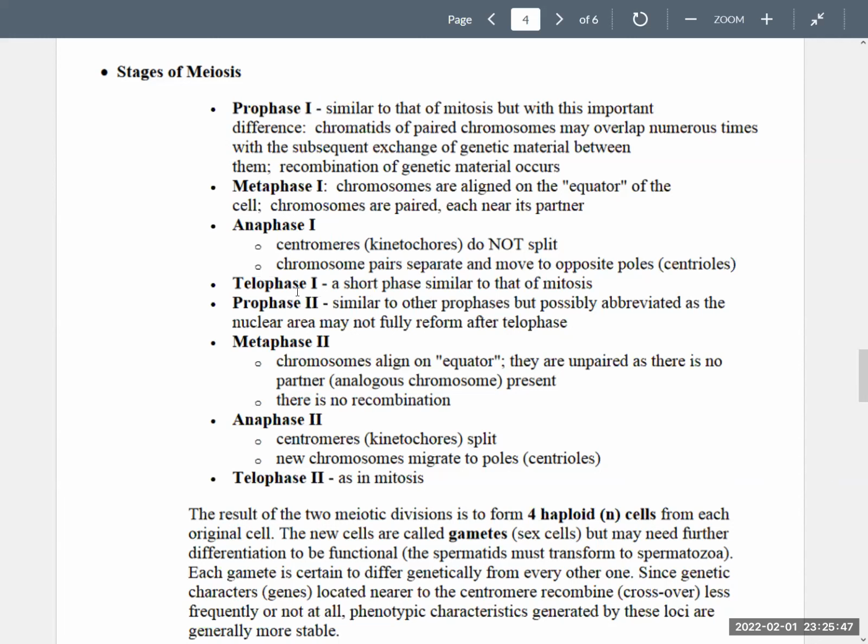In the telophase that follows, it's a short phase. It's similar to mitosis. Reduction and recombination both occur in meiosis. I'm going to ask that.